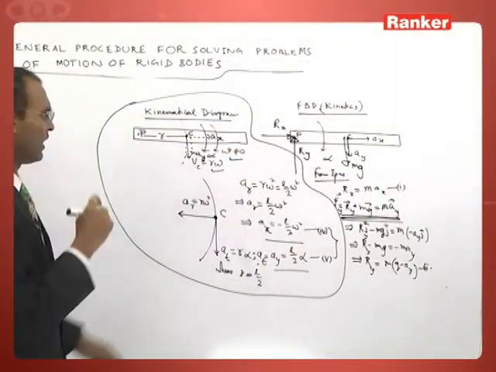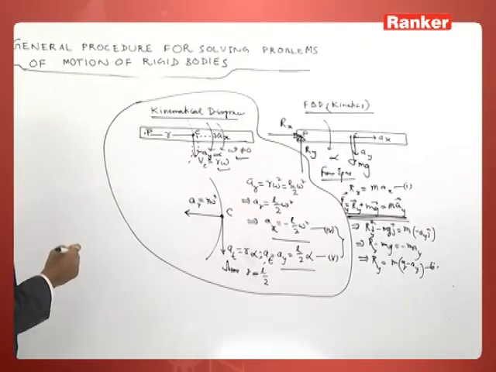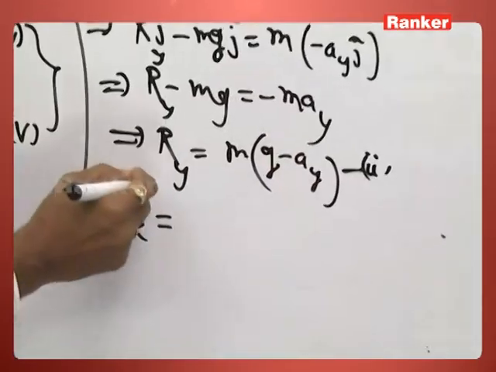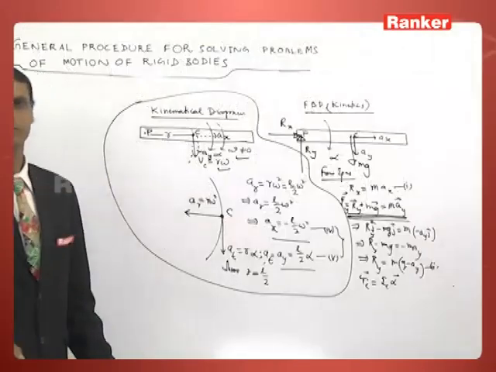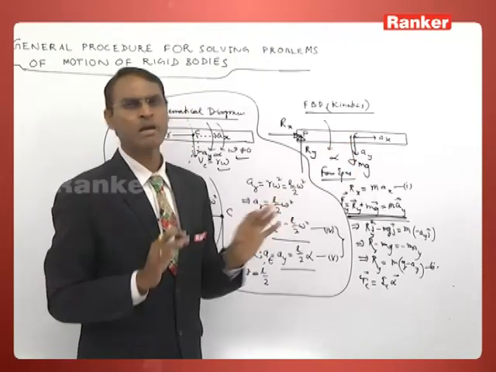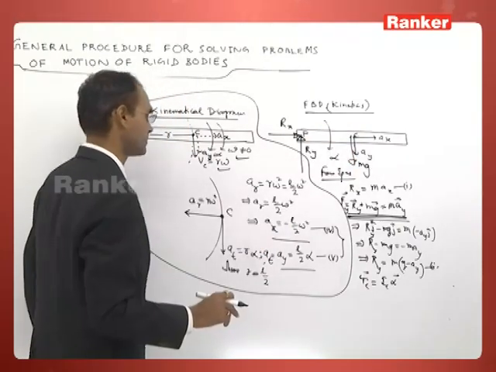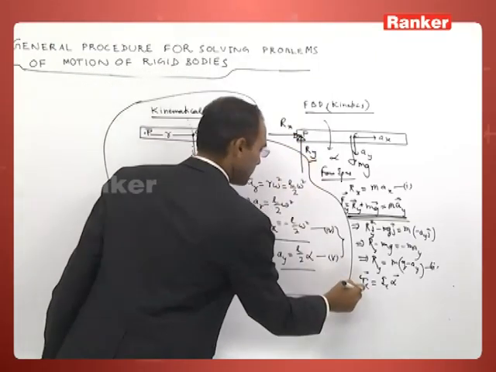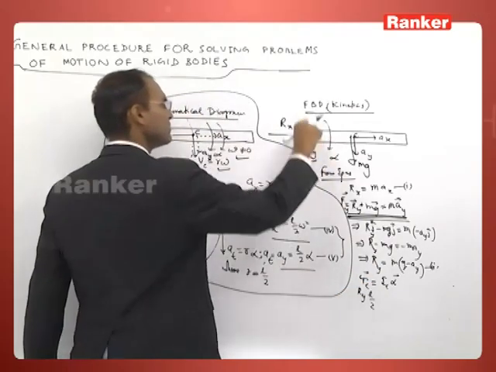Next, the torque equation about the center of mass. Tau c vector is equal to IC into alpha vector. As I told, these two forces pass through the center of mass, they cannot produce a torque about the center of mass axis or z axis. So the torque is produced by this force, that is equal to Ry into L by 2 in which direction?